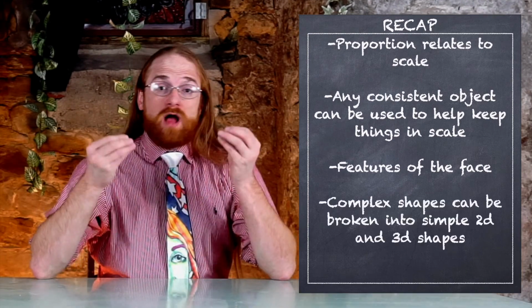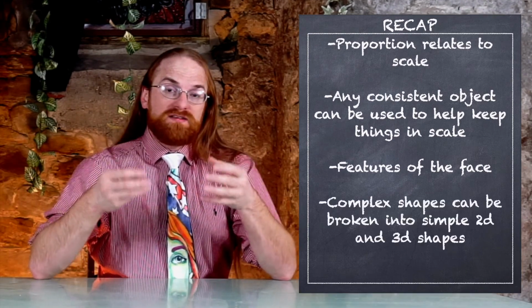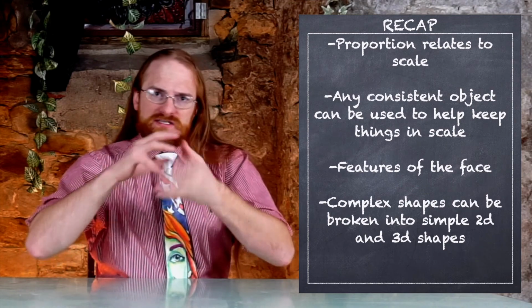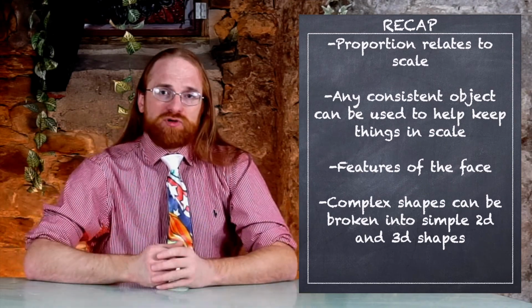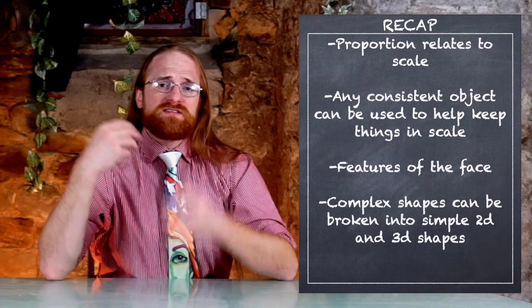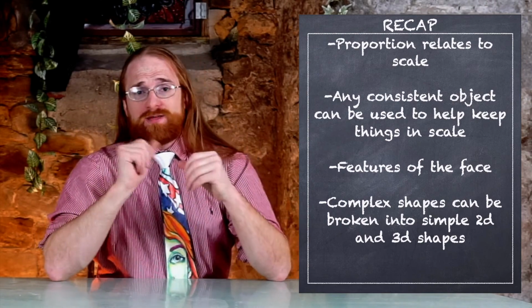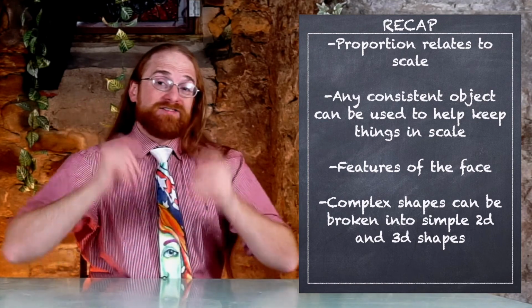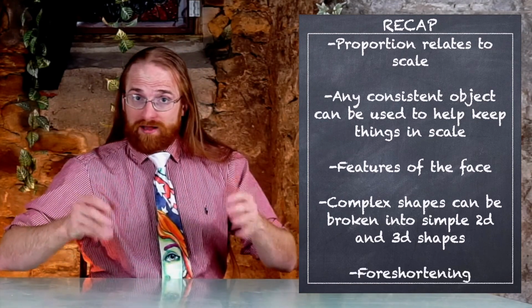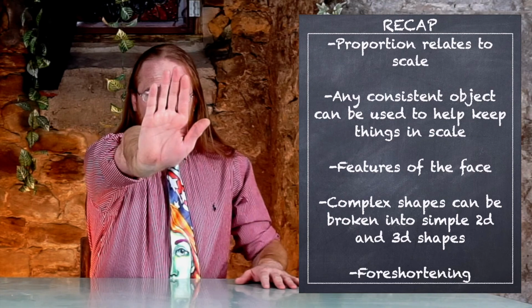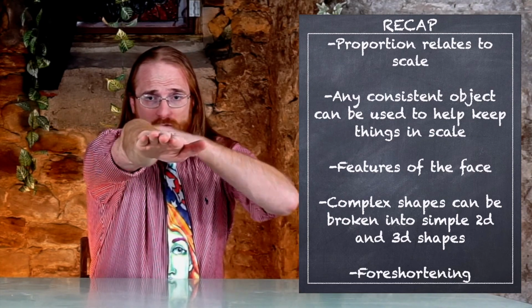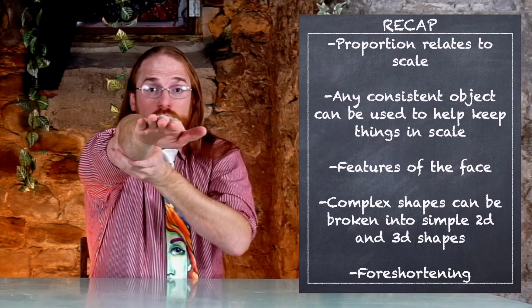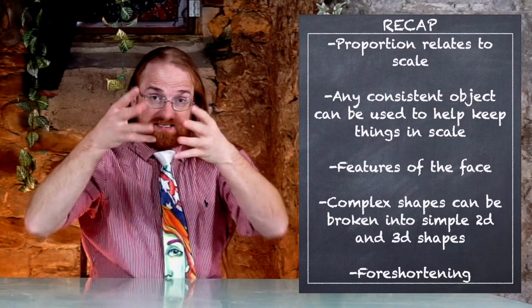I discussed with you about how complex shapes can be broken down into combinations of relatively simple shapes. That everything around us can be built up of shapes, and those shapes don't have to be super confusing and complex. And last, I introduced you to the concept of foreshortening, where objects, as they move towards you and they move away from you, can be foreshortened, where the information visually is compressed.